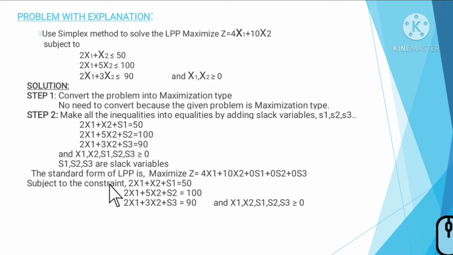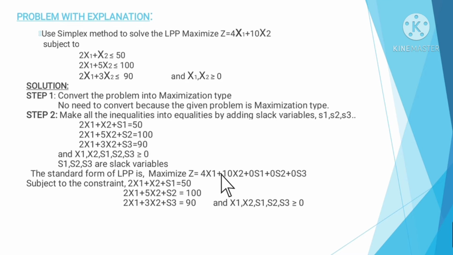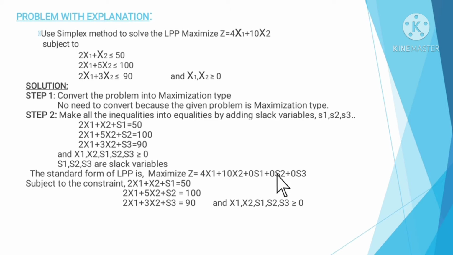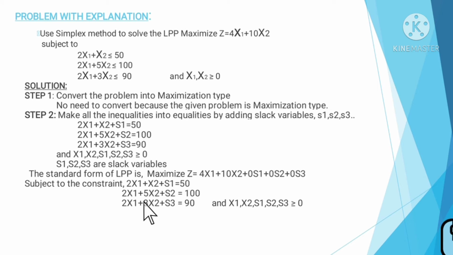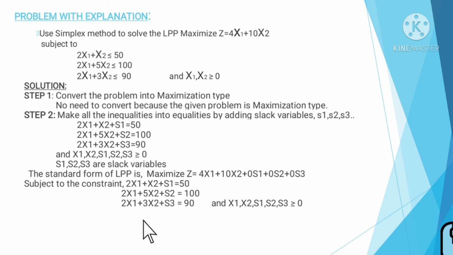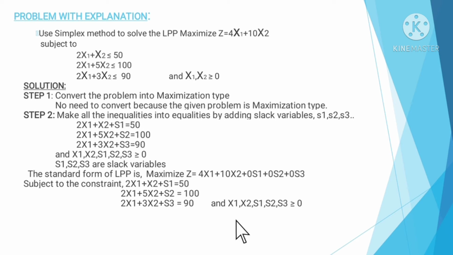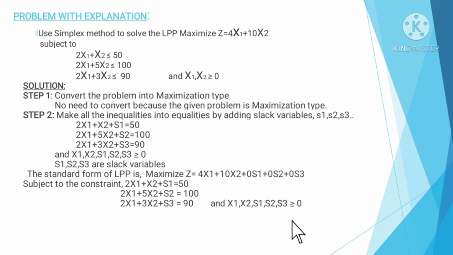The standard form of the LPP is now written as maximize z equals 4x1 plus 10x2 plus 0s1 plus 0s2 plus 0s3 subject to the constraints 2x1 plus x2 plus s1 is equal to 50, 2x1 plus 5x2 plus s2 is equal to 100, 2x1 plus 3x2 plus s3 is equal to 90, and x1, x2, s1, s2, s3 are greater than or equal to 0.